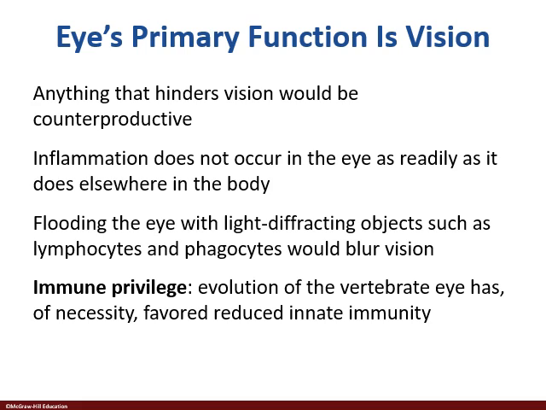So think about it. You get a cut, you get some bacteria on your eye. It starts to swell up because of the inflammatory response. And it turns out, the inflammatory response, we skipped the chapters on the immune system, so bear with me here as I explain it.